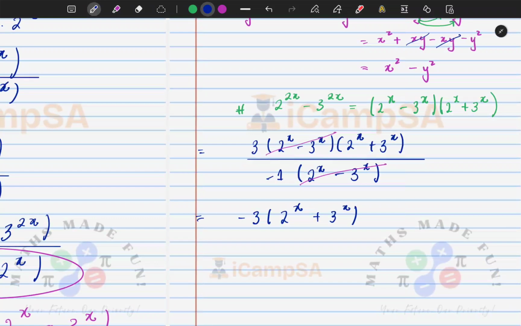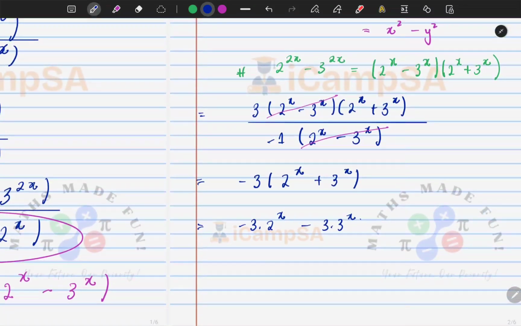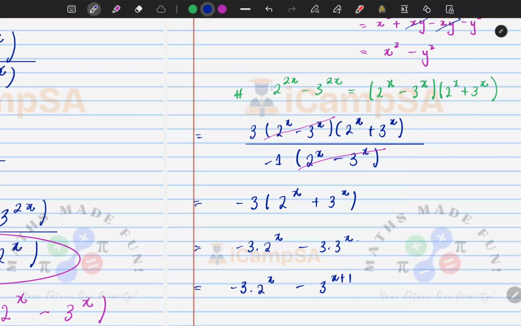But if you like, you can simplify it further by saying negative 1 times 2 to the power of x minus 1 times 3 to the power of x.